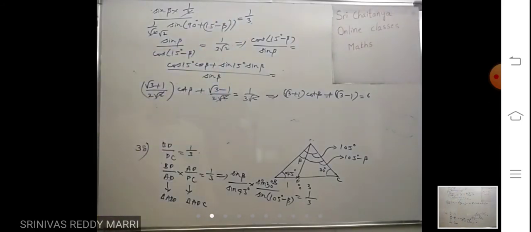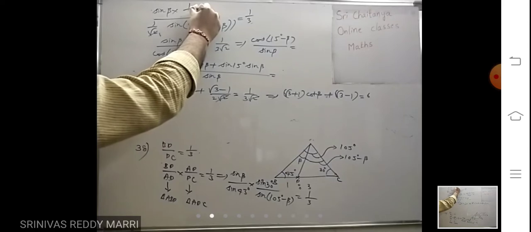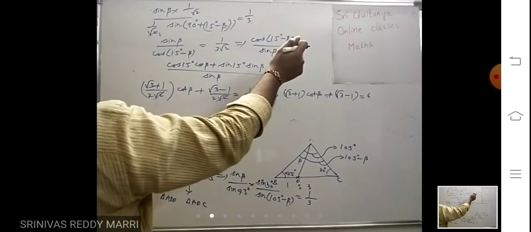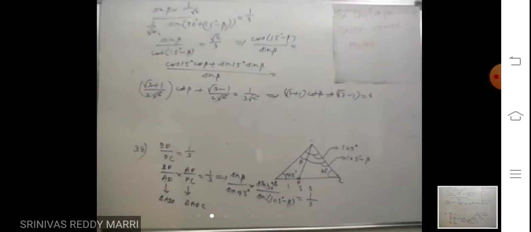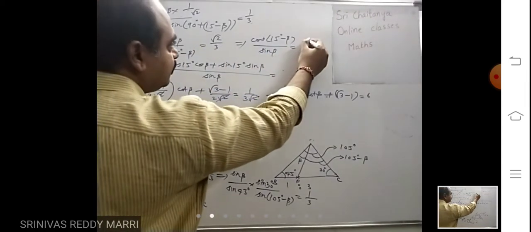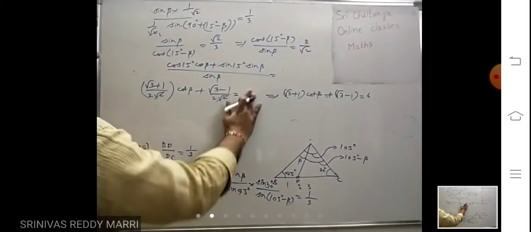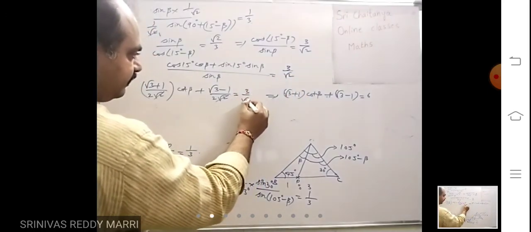So sin beta is 1 by 3 root 2. Oh, sorry, wait. Here I have done one mistake. Look at the root 2. It is root 2 by 3, sorry. That means here you will get 3 by root 2. I have done one mistake.